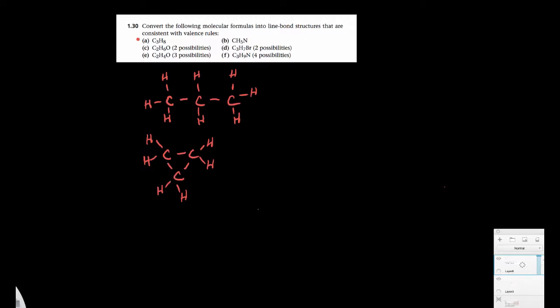And so this molecular formula would be C3H6, not C3H8. So this can't be it. And this propane molecule, it's called n-propane, or just propane, is the only possibility for this molecular formula.